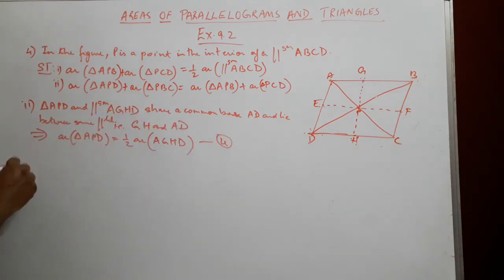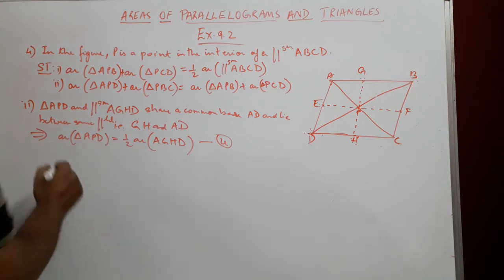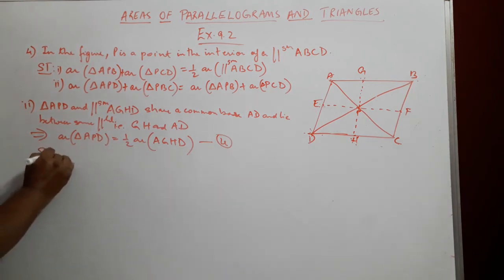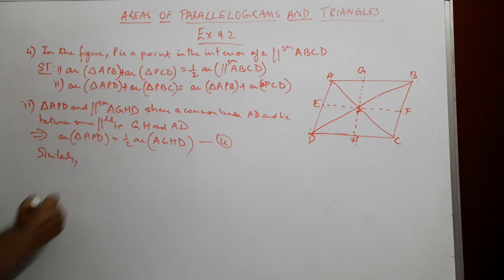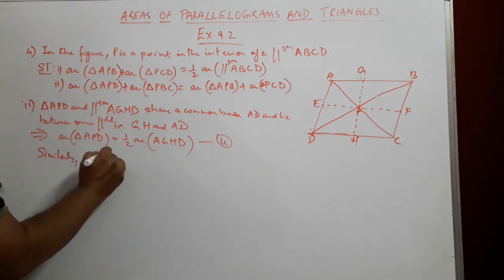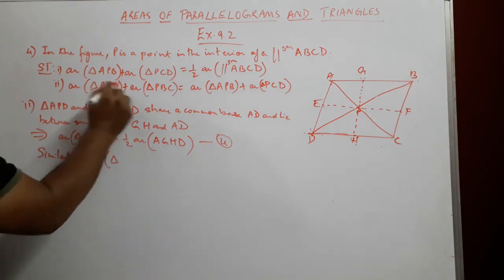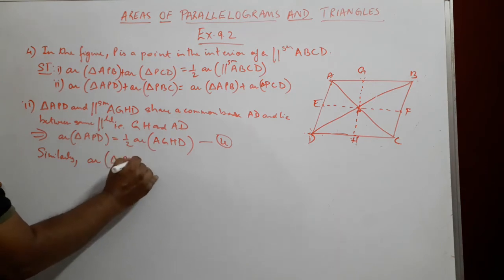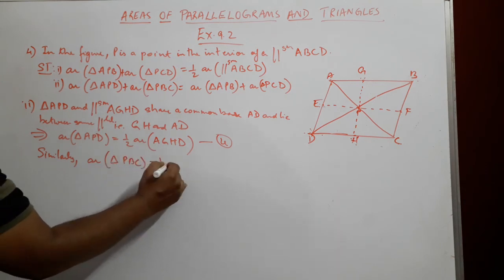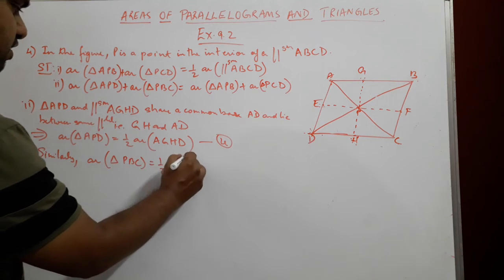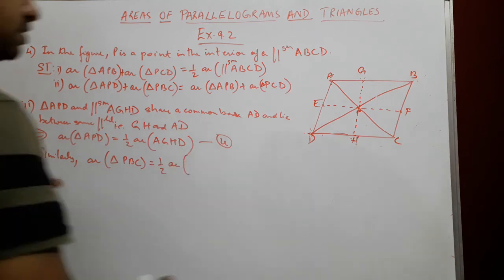So you can say again for the next part, similarly, area of the other triangle PBC is equal to half of area of parallelogram GBCH.